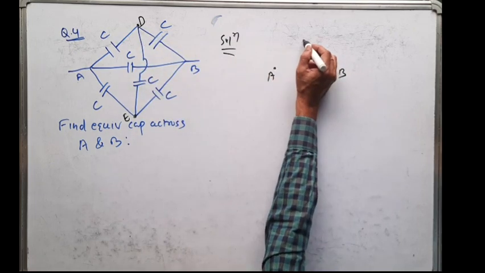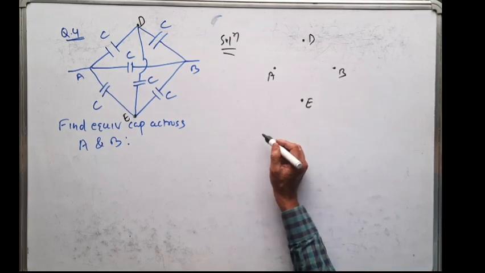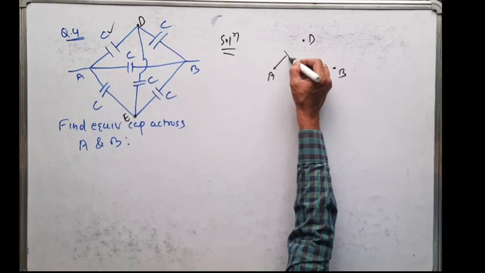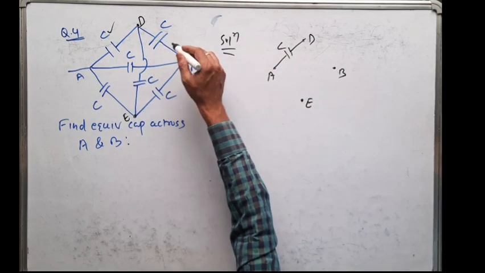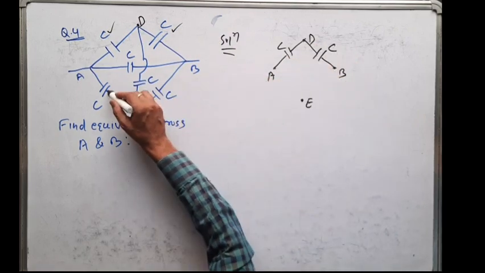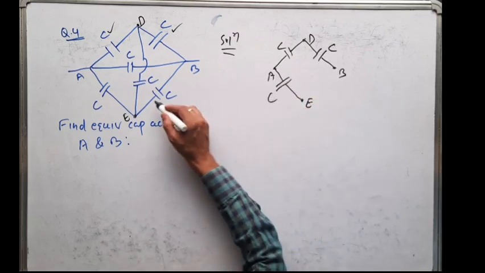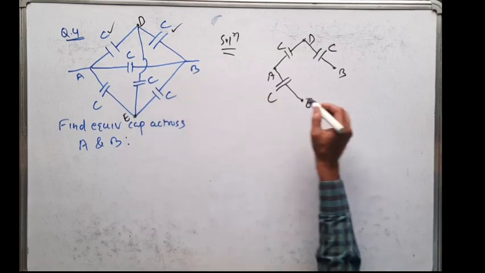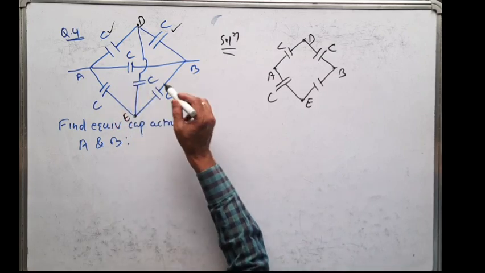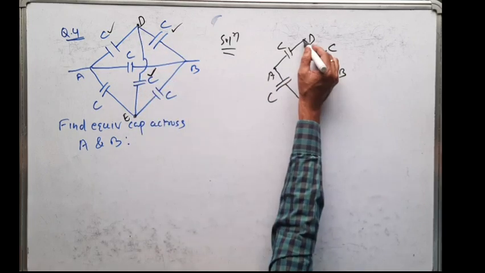This capacitor is connected between A and D. This capacitor is connected between D and B. This capacitor is connected between A and E. This C is connected between E and B. Now this capacitor C is connected between D and E.